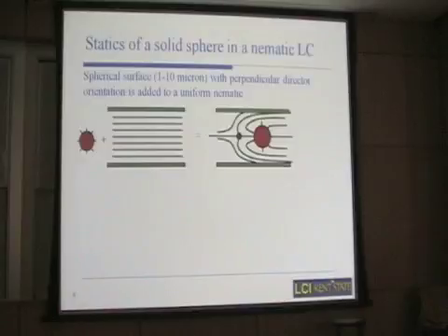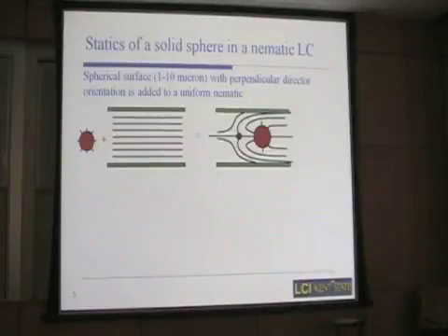And the subject of interest, as I said, will be a solid sphere, and at the surface of any material in contact with the liquid crystal, anisotropy of molecular interactions results in the so-called anchoring direction. And in our case, experimentally, we always achieve a situation when the liquid crystal director wants to be perpendicular to the interface.